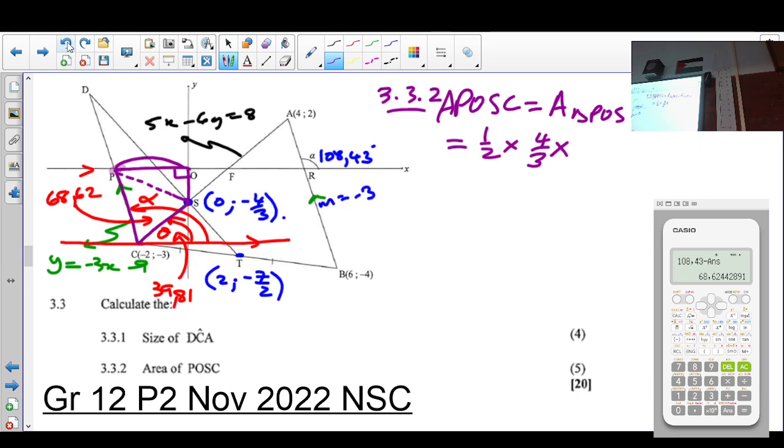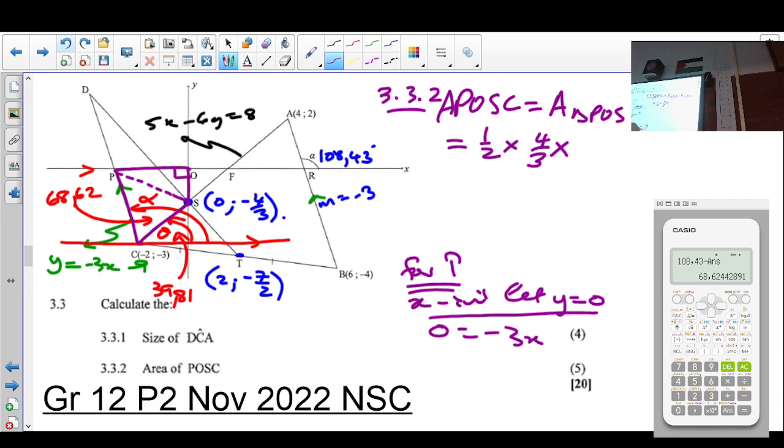P is your x-intercept of the straight line, which is y equals negative 3x minus 9. How do we calculate your x-intercept? We let y equal to 0. So we said 0 is equal to negative 3x minus 9. So positive 3x is equal to minus 9. x is then equal to negative 3.